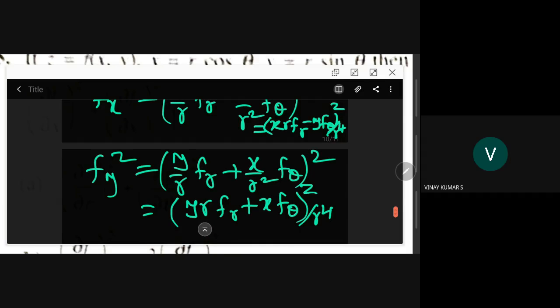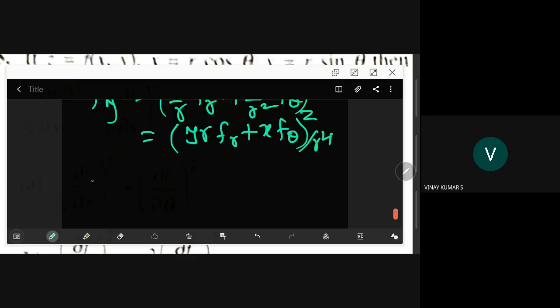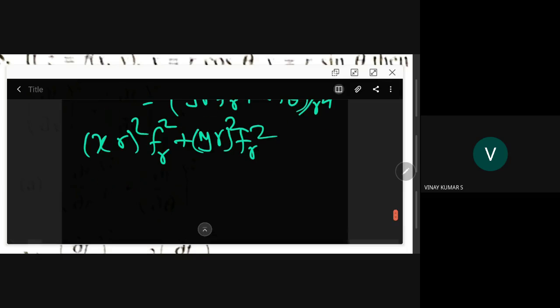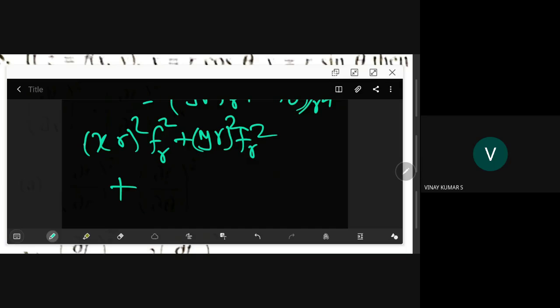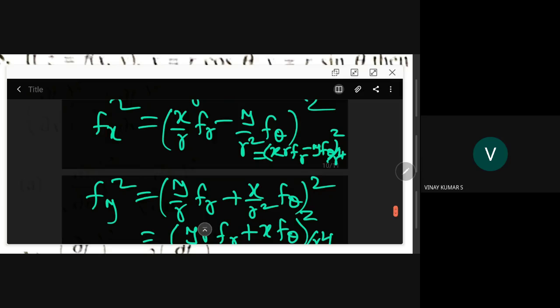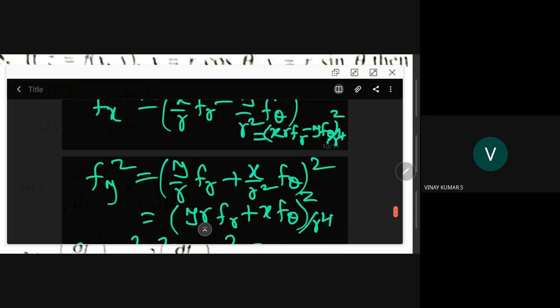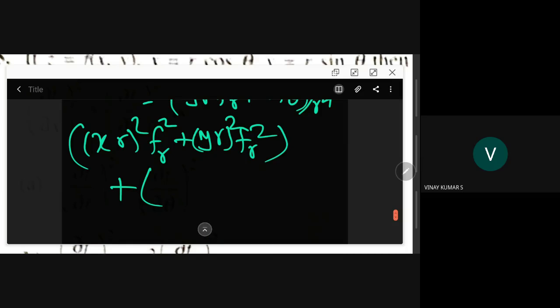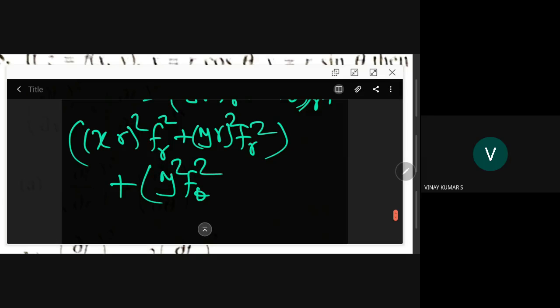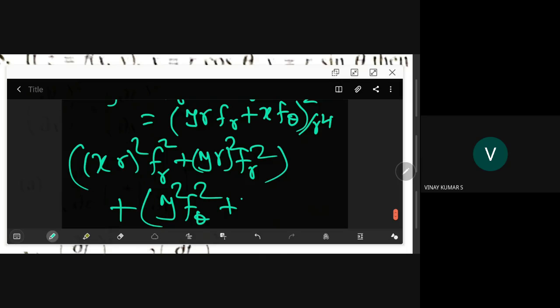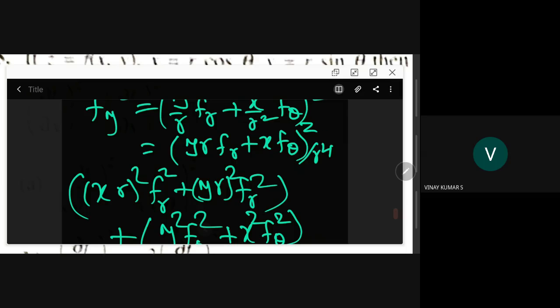You have (xr) whole square fr square plus (yr) whole square fr square, plus the other square terms: y square f theta square and x square f theta square.